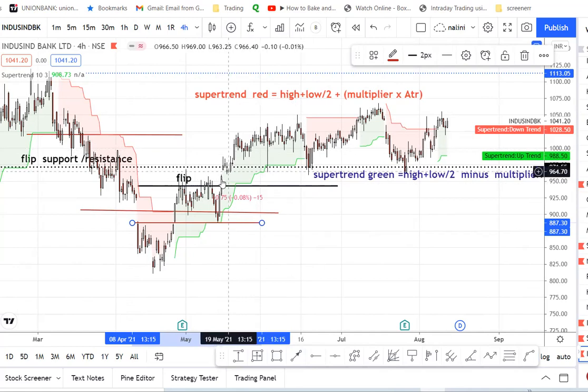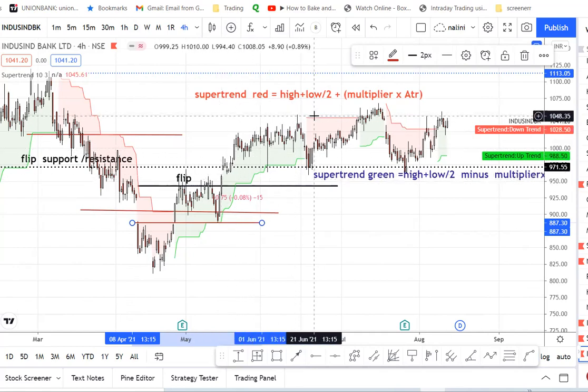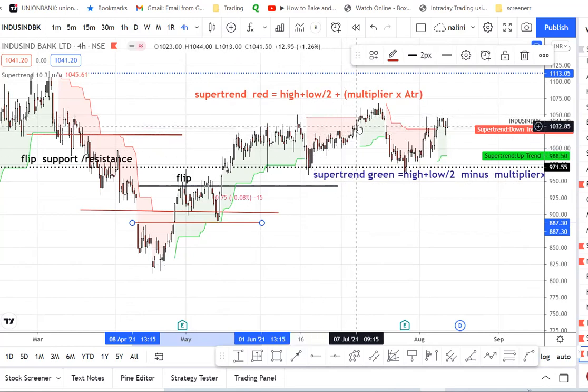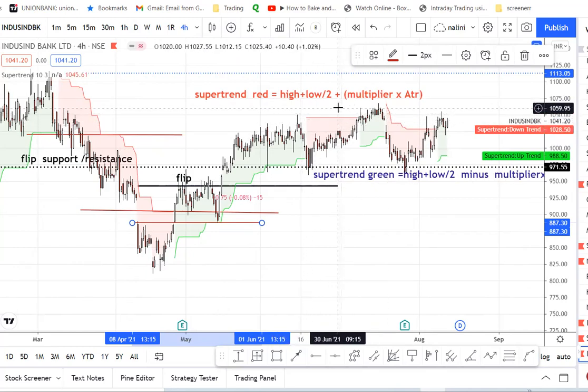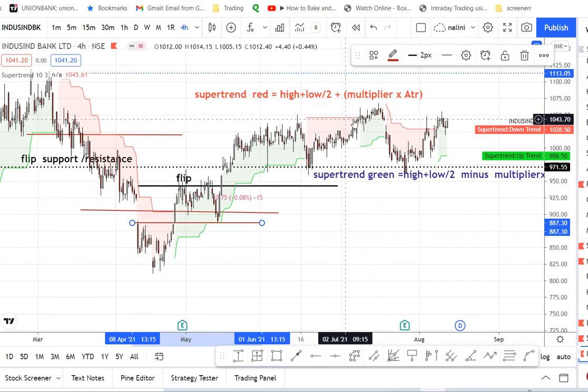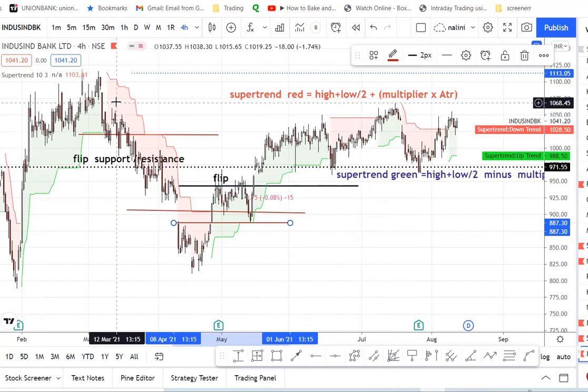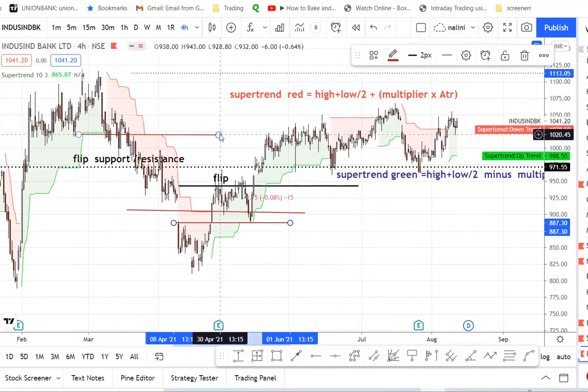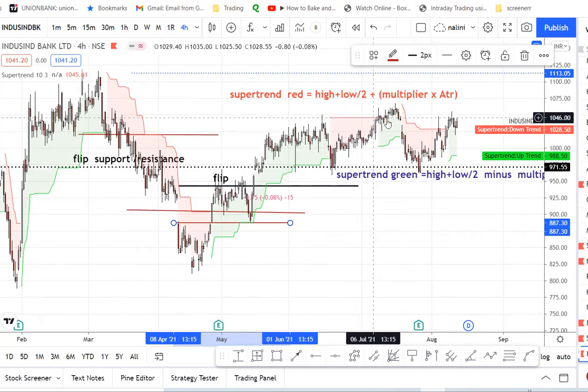After moving this much higher, you can see the red plotting. Even though price is moving in a small compression, it is indicating there is supply ahead. You will get cautioned, and if you look at the price action, see the resistance over here. This is the flip zone, and it has started flattening out.